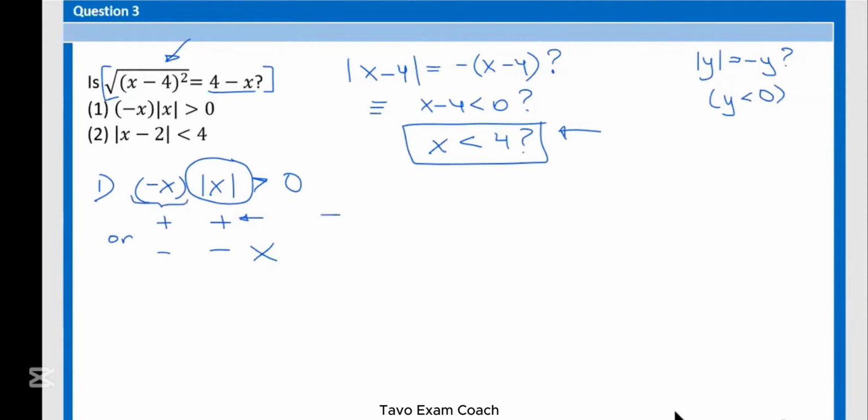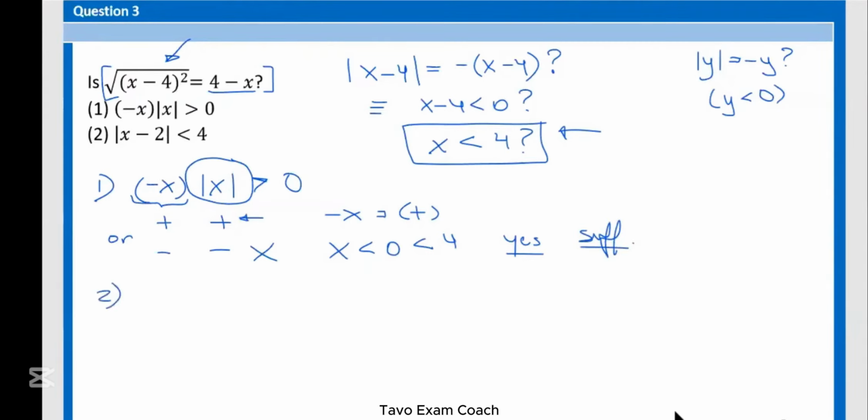But if minus x is positive, that means that x is a negative number. But since any negative number is always less than 4, we have a unique affirmative answer to the question. Being x negative, x is always less than 4. So sufficient with the first statement.